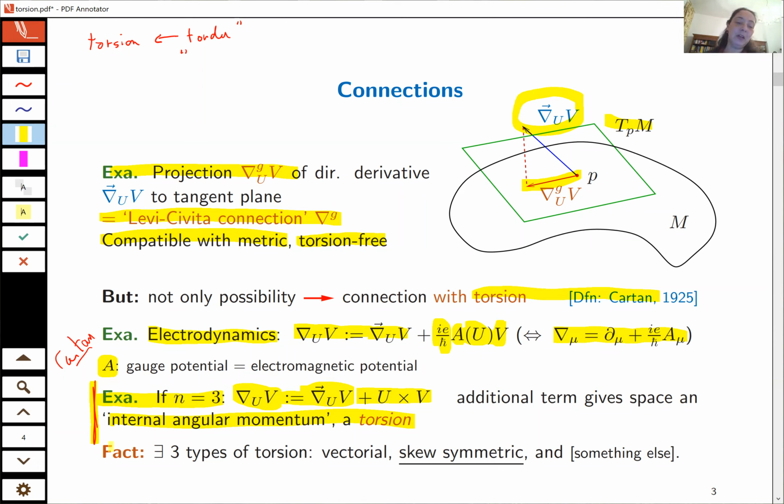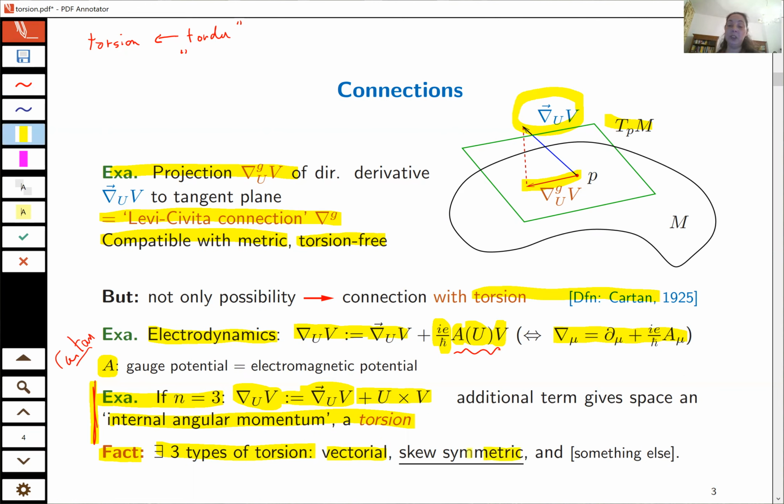Now, the fact that we're going to explain in a little bit more detail in a few slides is the following: namely that there are basically 3 types of torsion, and then of course you can take linear combinations. These 3 types of torsion can be vectorial, meaning coming from a vector field. That would be this situation, because vector field and one form just mean the same here.